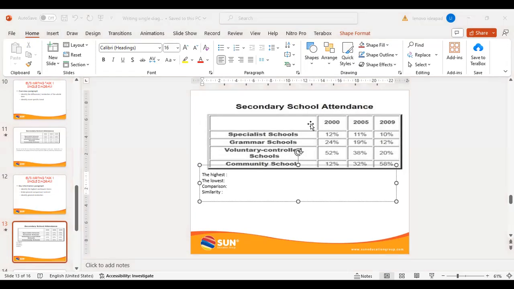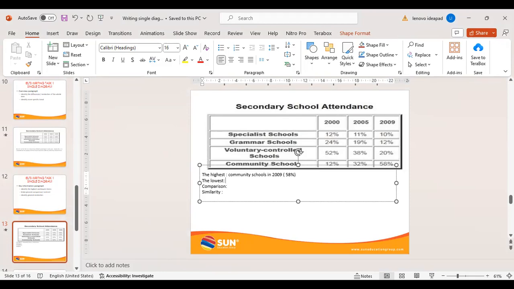Voluntary, community. Okay, so the highest number, we find the one highest number, that is 58%, the community schools. So community schools in 2009 with 58%.